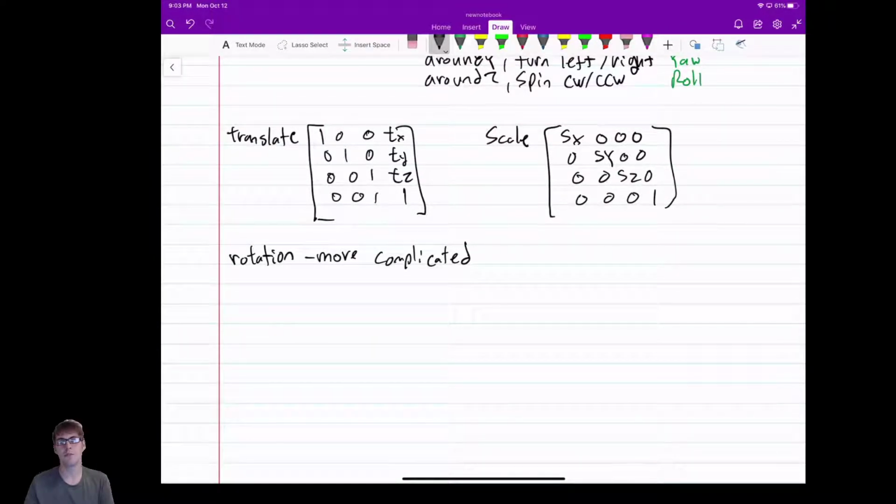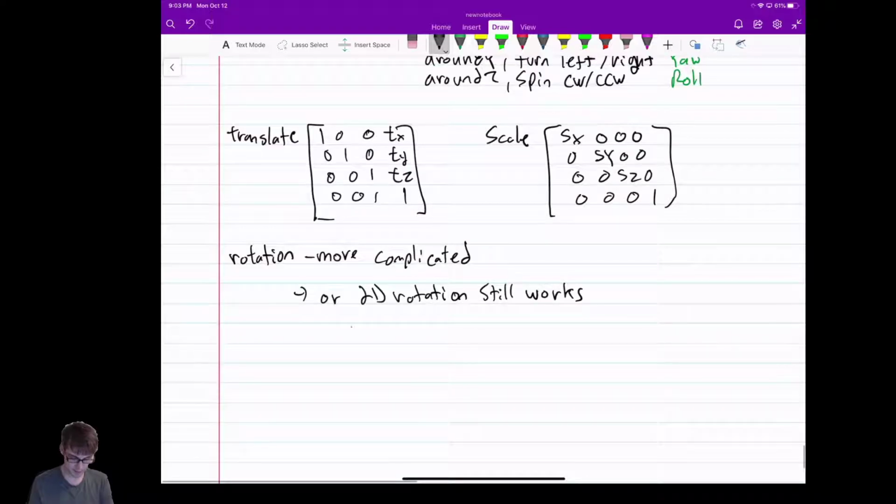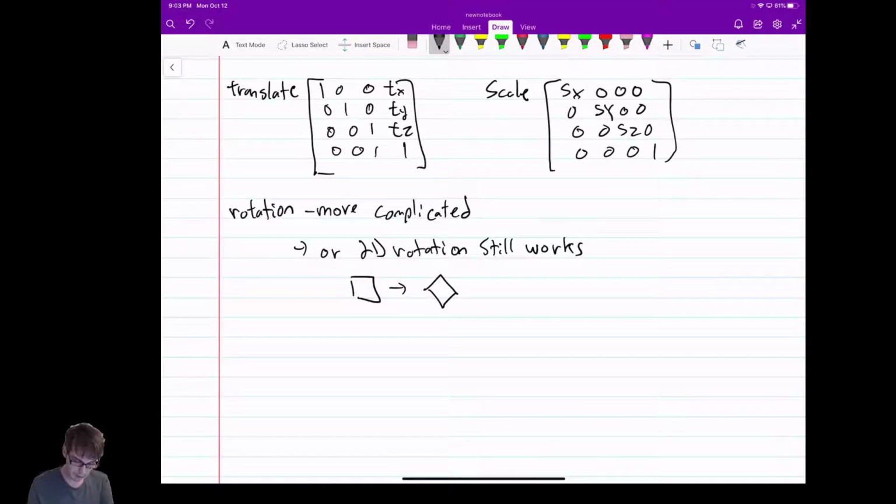It's not as simple as going, yeah, let's just do it in 3D. So the first thing to talk about is that our 2D rotation still works. Nothing changes. We just pad it with zeros, or the identity, I should say, right? So if I have a square like this, I can still do this rotation. All that we do now, if we think about being in 3D space, this is just rotation around the z-axis, okay?